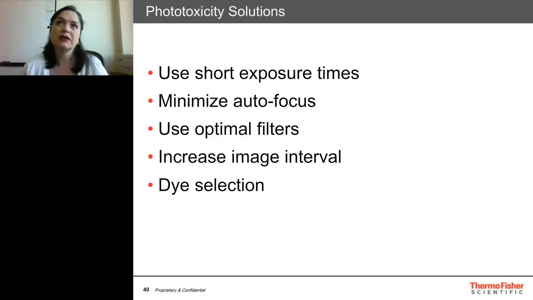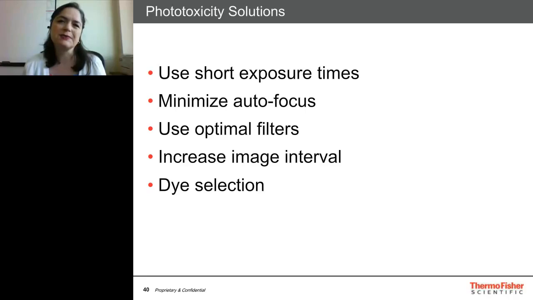And so, a lot of times we want to expose for as long as possible to get the highest quality image. But when it comes to time-lapse microscopy, you might need to cut back on your exposure time so that the amount of light that those cells see over time is lessened. You also, as much as autofocus is nice to use to find your focal plane, you probably don't want to do your time-lapse where you've used the autofocus.